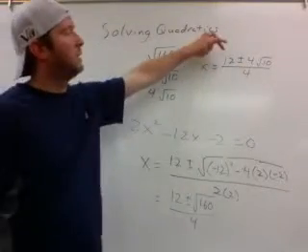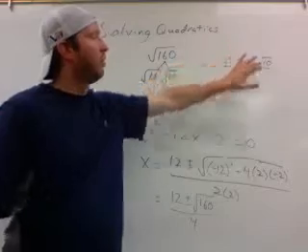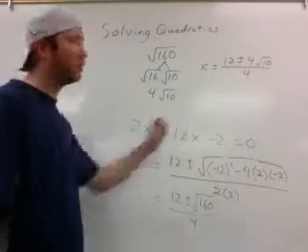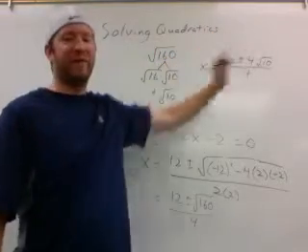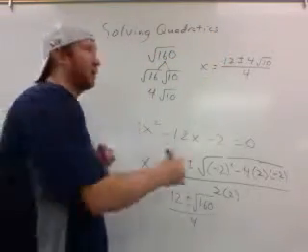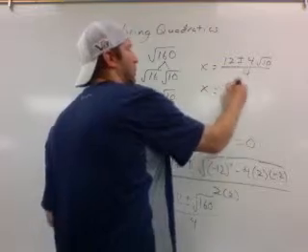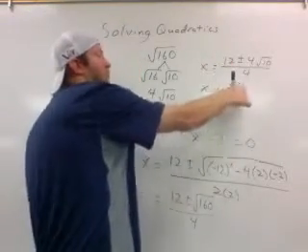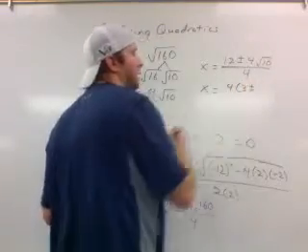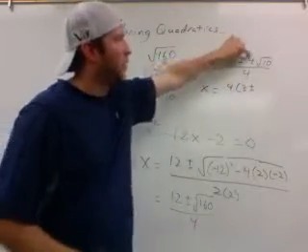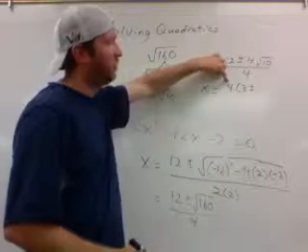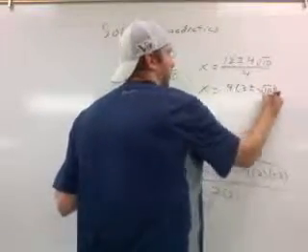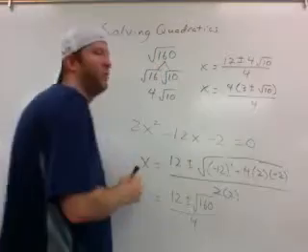And then what I'm going to notice is that 12, 4, and 4, not the 10, only the things outside of the square root, all of them are divisible by 4. So I'm going to factor a 4 out of the top. I'm left with 3, 12 divided by 4 is 3, plus or minus 4 square root of 10 divided by 4 is just square root of 10, all over 4.